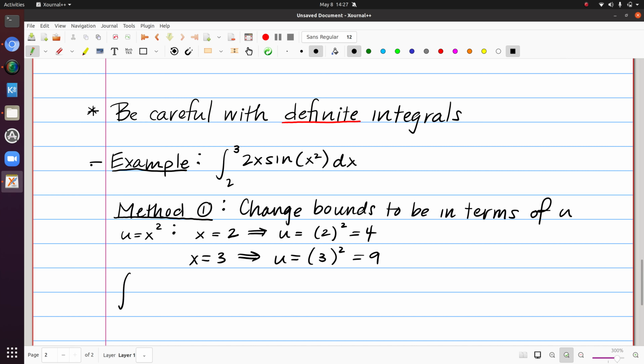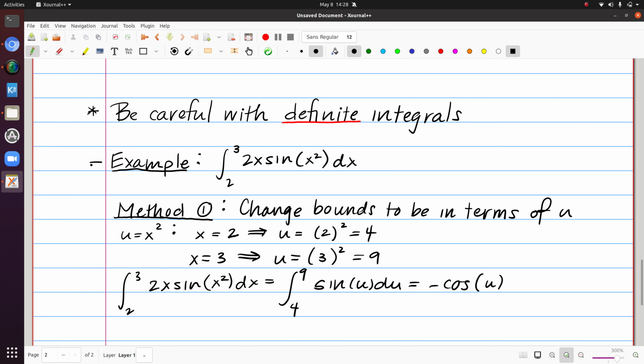So once you make your u-substitution, when you're rewriting the integral in terms of the new variable, you put the new numerical bounds on there. So when I write this as sine of u du, then I want to indicate that the bounds here, in terms of the new integration variable, are 4 and 9. So we can anti-differentiate. We already said that we would get minus cosine of u.